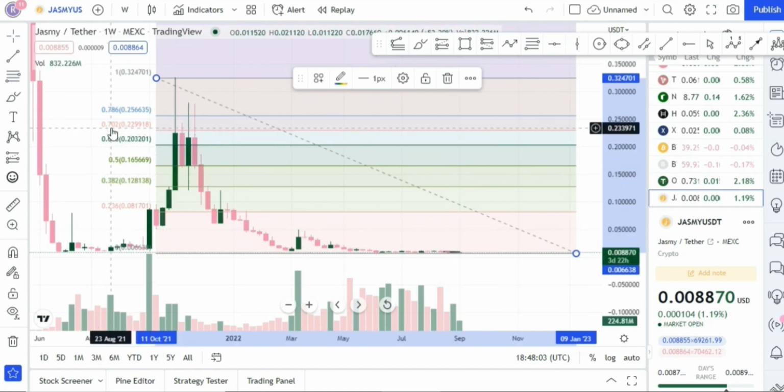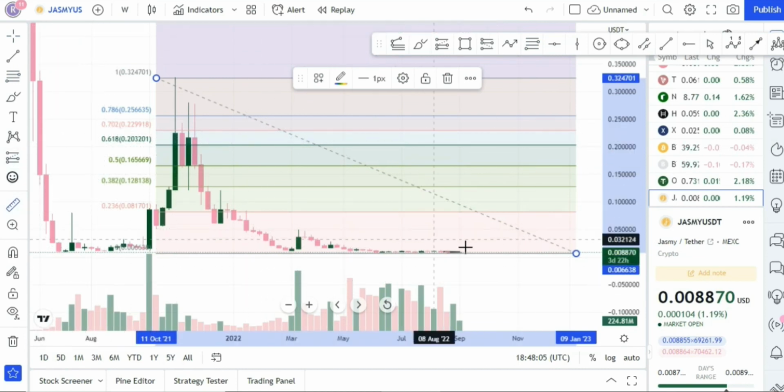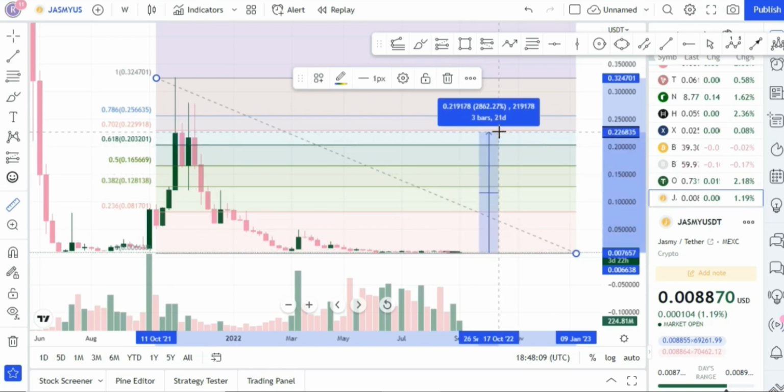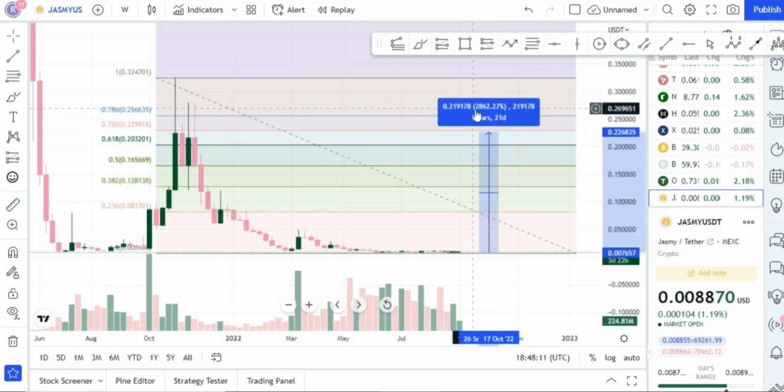A 0.702 retracement would be something like, let me do this quickly, bear with me, something like 2,862%. That's the 28x just to reach the 0.702 retracement level, like what Neo did, right?